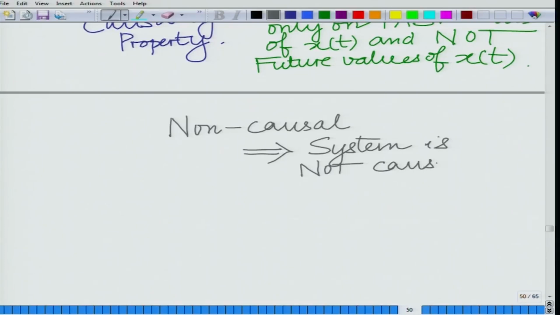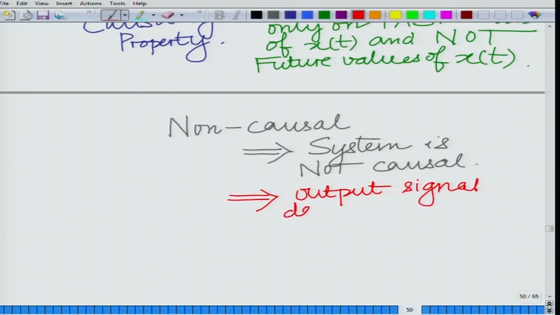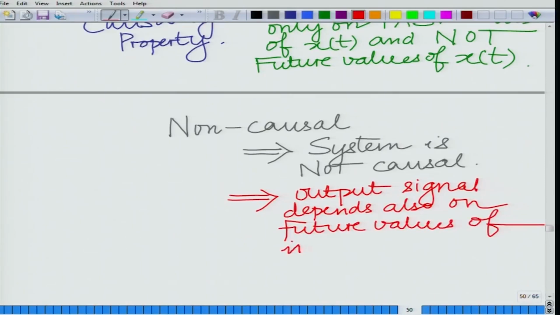Non-causal implies the system is not causal, which means that the output signal depends also on future values of the input signal.